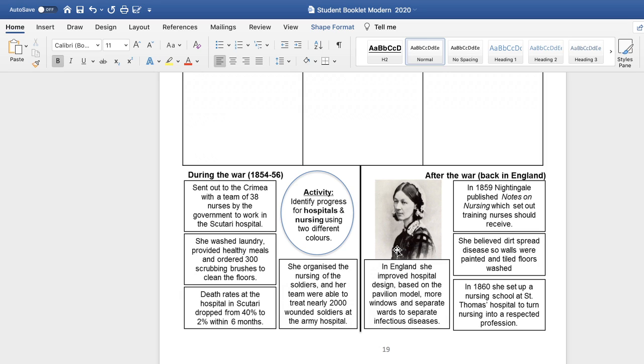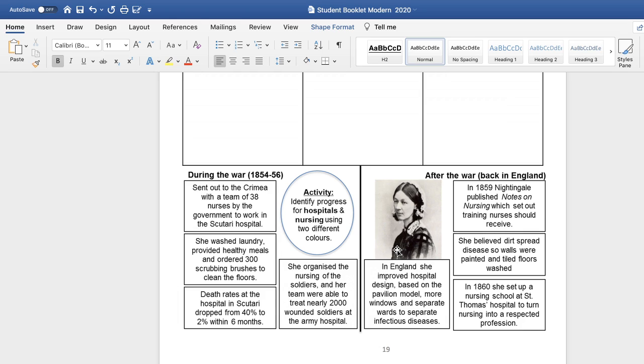In the Scutari hospital, she noticed that the soldiers were not really receiving much, and there was no sanitation. She and her team of 38 nurses washed clothes, provided meals, scrubbed floors, and really made sure that the hospitals were sanitized and people were fed and taken care of. And this had a big impact in the Scutari hospital.